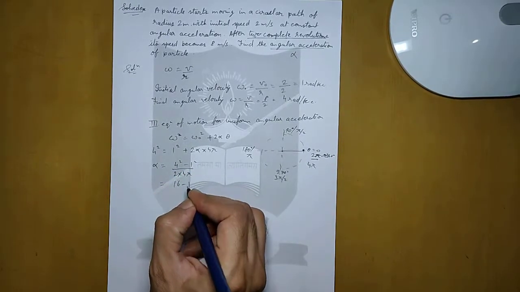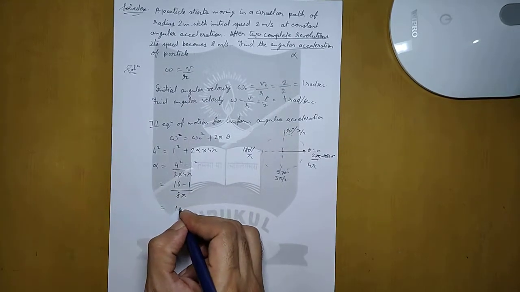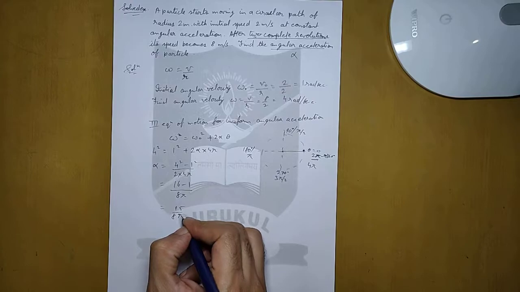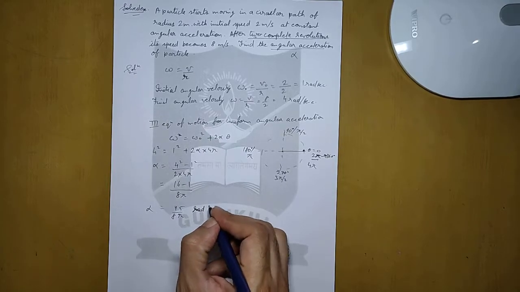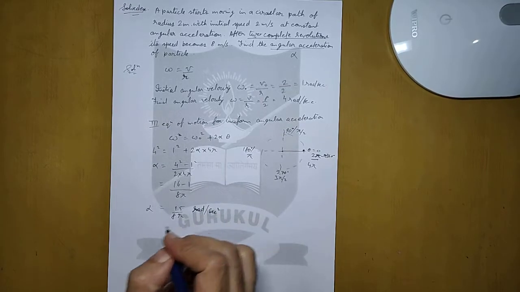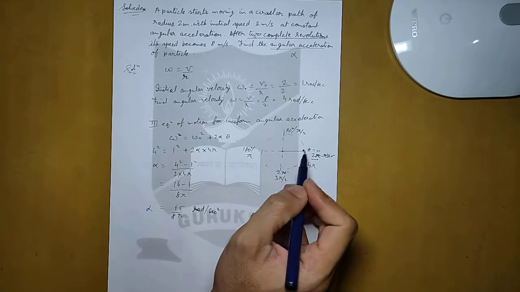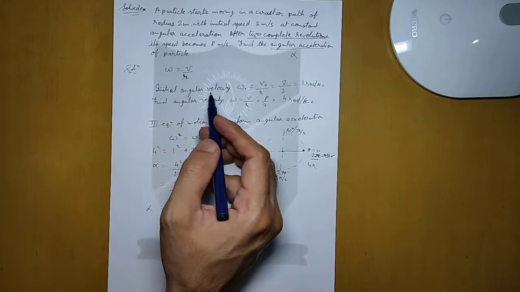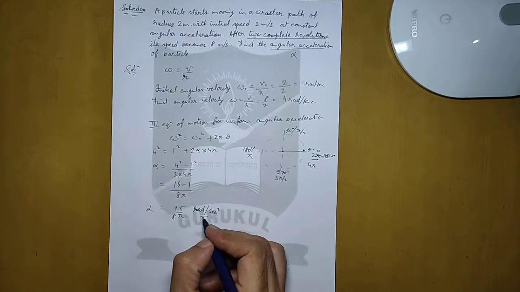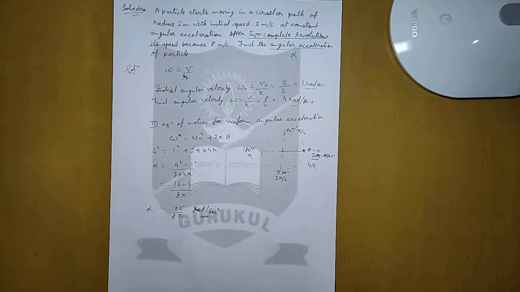It will be equal to 16 minus 1 upon 8 pi, or alpha will be equal to 15 by 8 pi radians per second square. So make sure that you understand this value, the conversion between degrees and radians, because from now on we know that the values of the units are all in radians, so you should know how to convert degrees into radians.